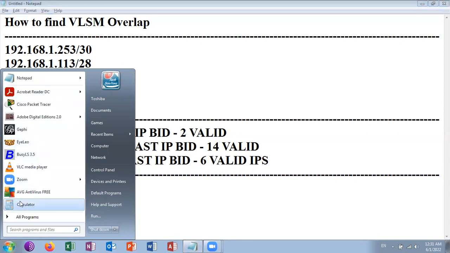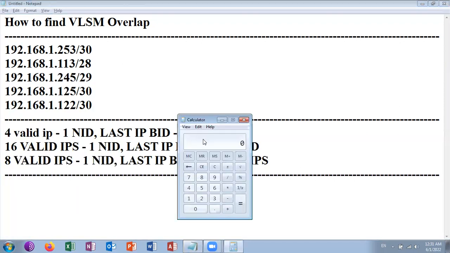I will show you with the help of a calculator. Our first IP is 0 always, and 0 plus 3 will be the broadcast ID in the case of /30, because we have 2 valid IPs. So let's add 4 to the subnet because we have 4 IPs. Continue adding this until you reach 253.